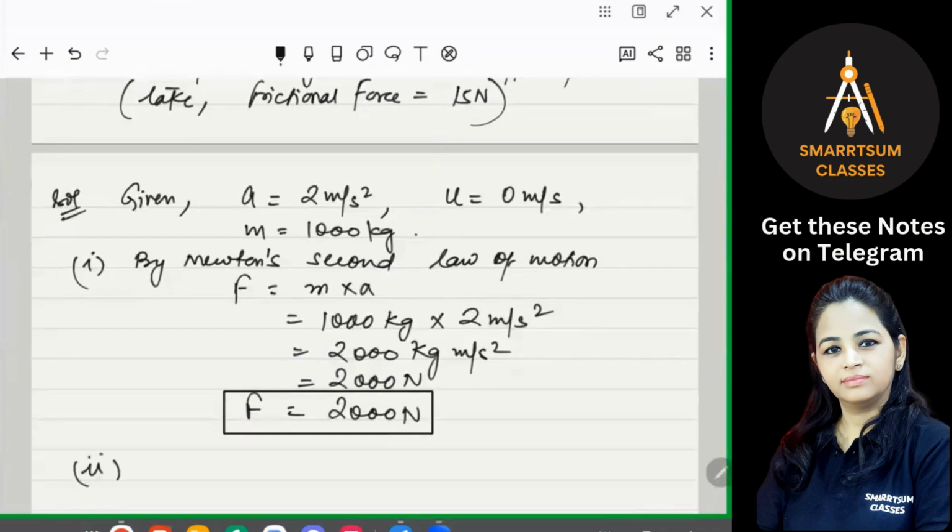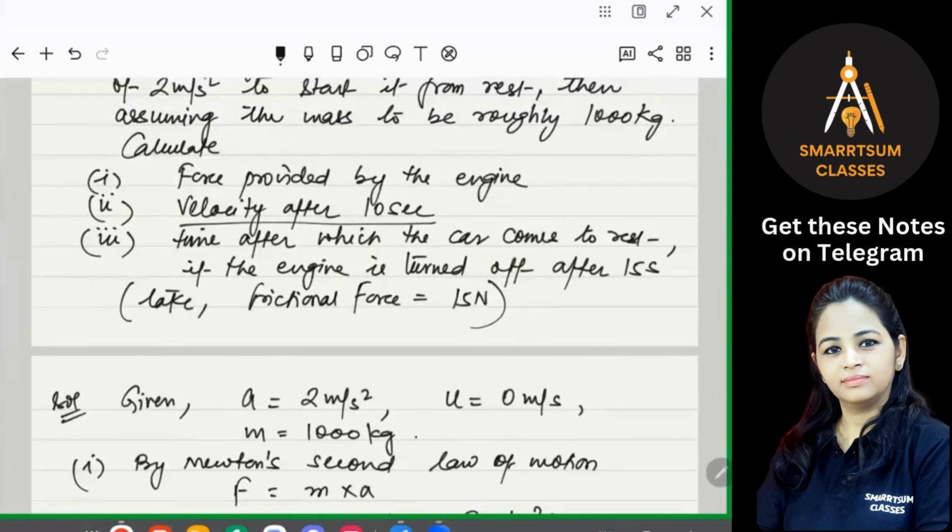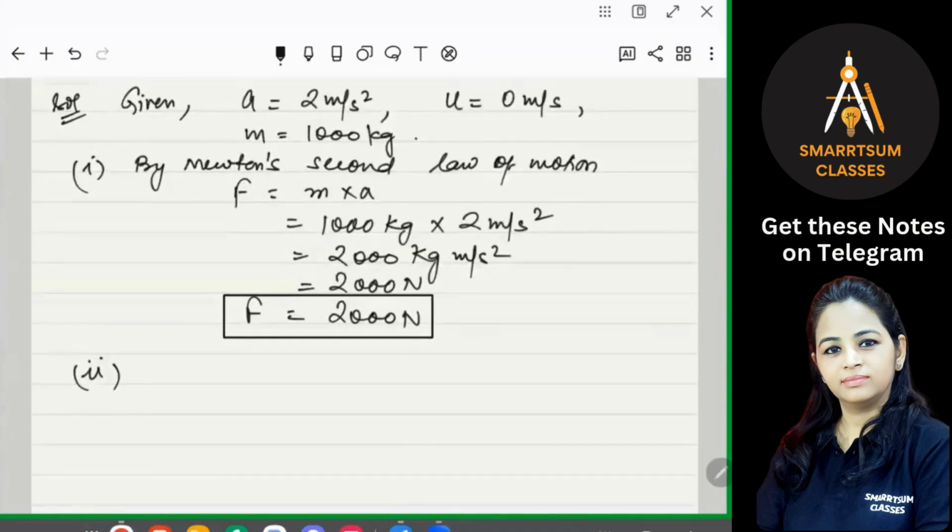Now in the second part, we have to find the velocity after 10 seconds. What will be the velocity of the car after 10 seconds, if the force is 2000 Newton provided by the engine? To find this, we need to use the first equation of motion.